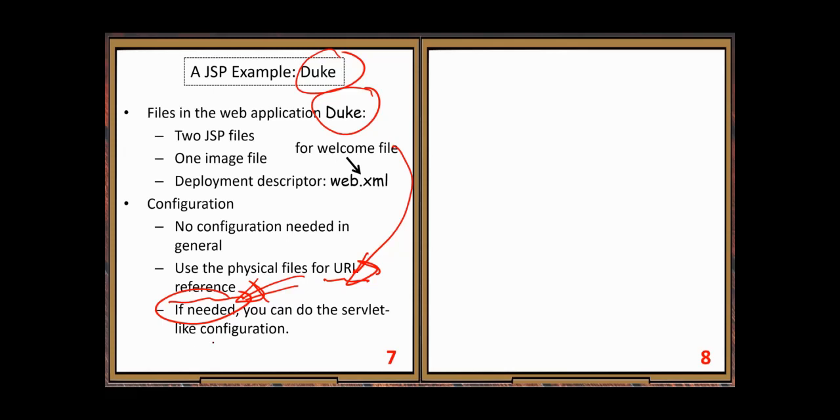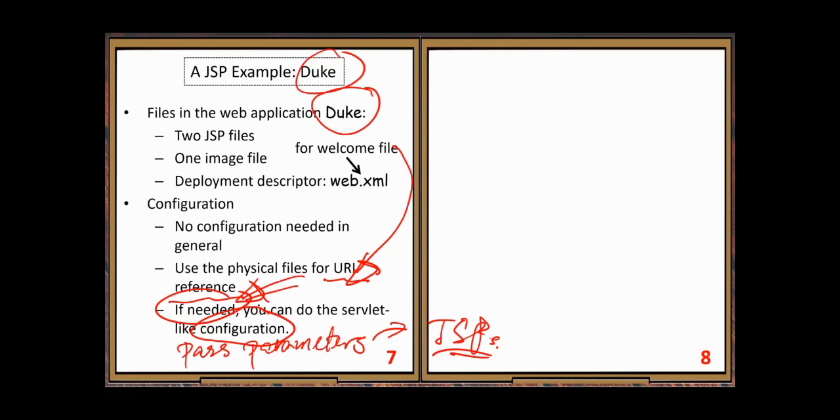We need to pass parameters to our JSP files. How do you make the JSP accept those parameters? You can do it in your configuration. Otherwise, you do not have a chance to pass any customized parameters.